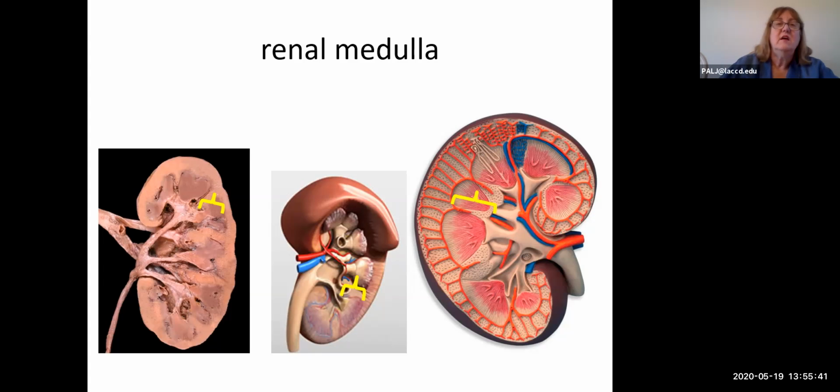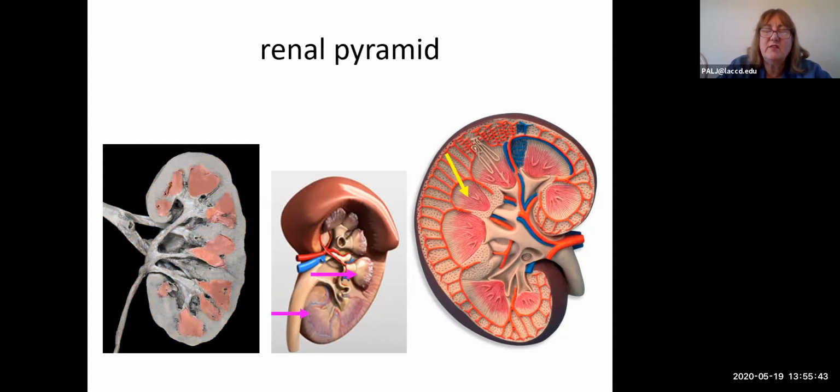All right. So inside the renal medulla, you have these triangular structures, but a triangle in 3D is a pyramid. And these are actually in 3D, as you can see on this middle model right here. And so all of these triangular structures, each one is known as a renal pyramid.